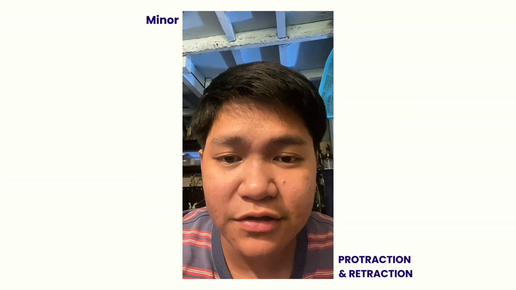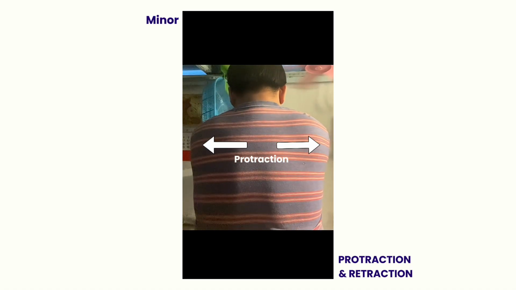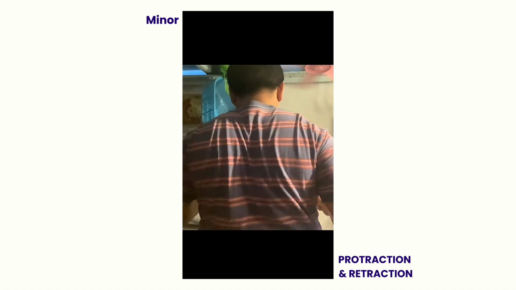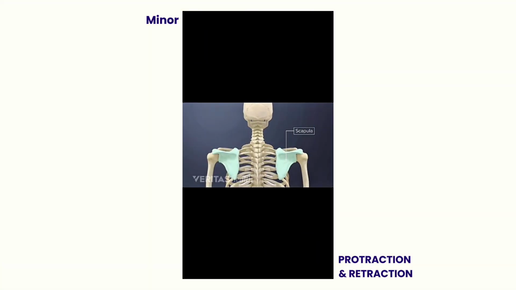And now, I'm going to demonstrate the protraction and retraction of the body. Protraction and retraction are special body movements that involve the scapulae, or better known as your shoulder blades.